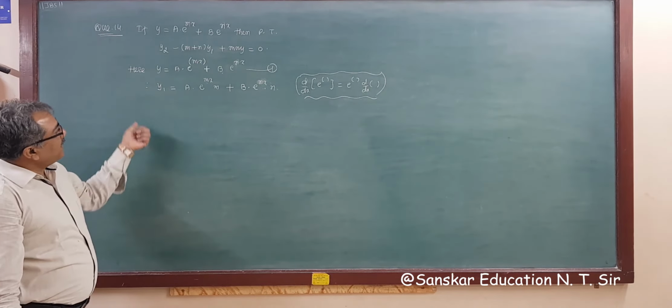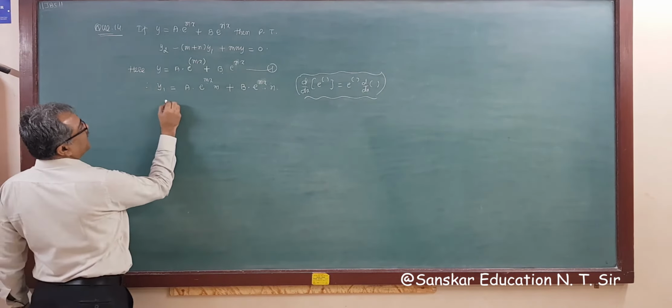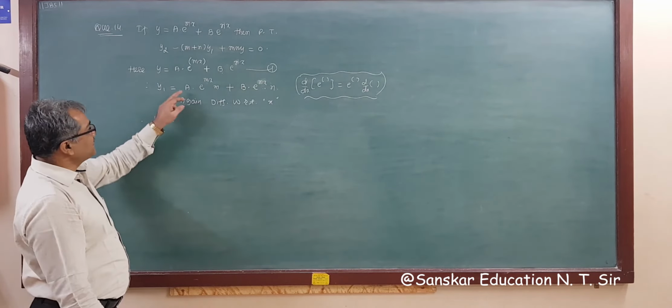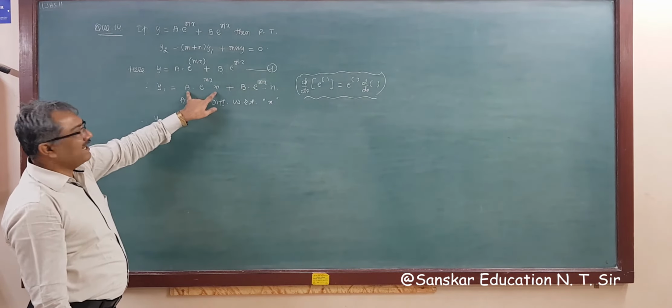Now again differentiating with respect to x, y2 is equal to, now a and m are constants, so m a constant, e^(mx) into m, plus b n as constants, again the derivative of this, e^(nx) into n.